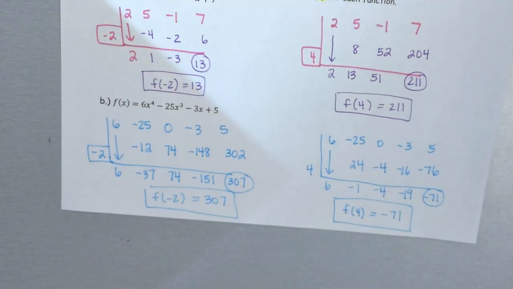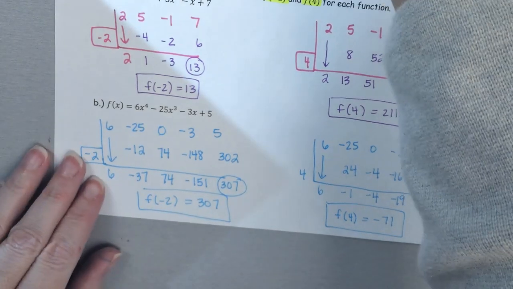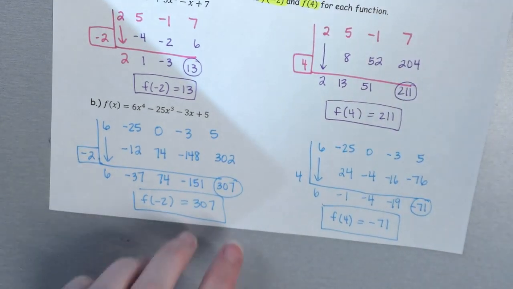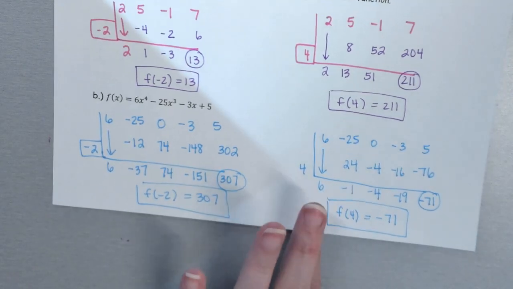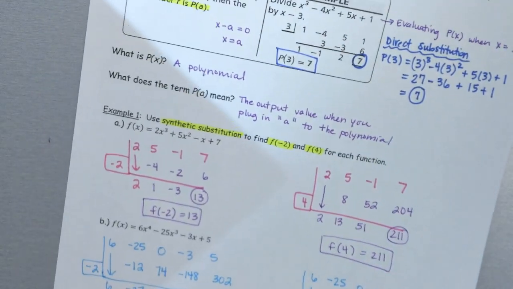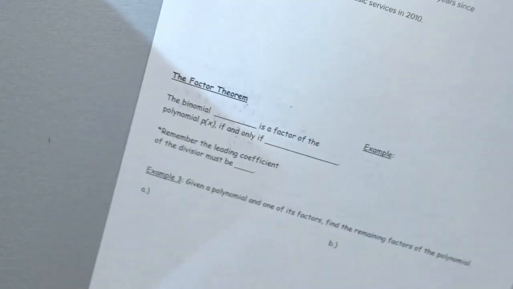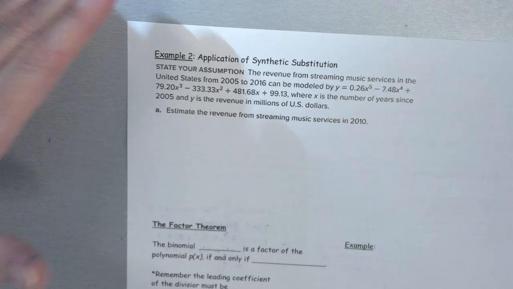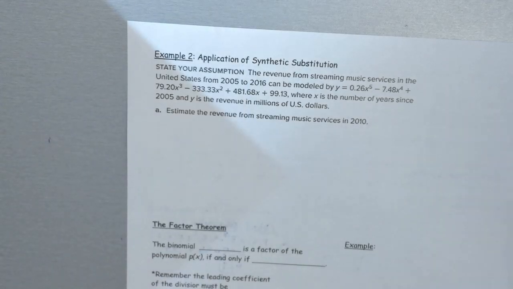Okay, great. All right, now we're going to do an application with this, and we're going to have decimals, so you guys can have your calculator out for our next example here. Okay, so we're doing an application of synthetic substitution.